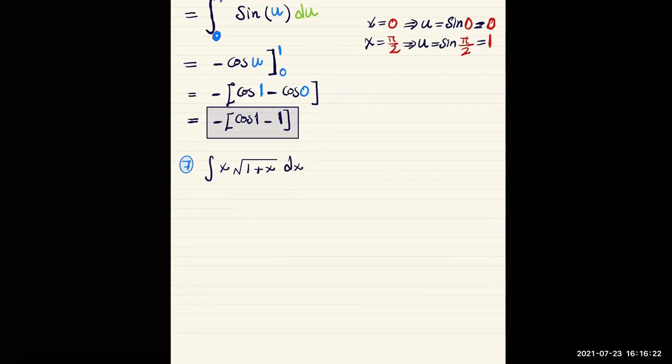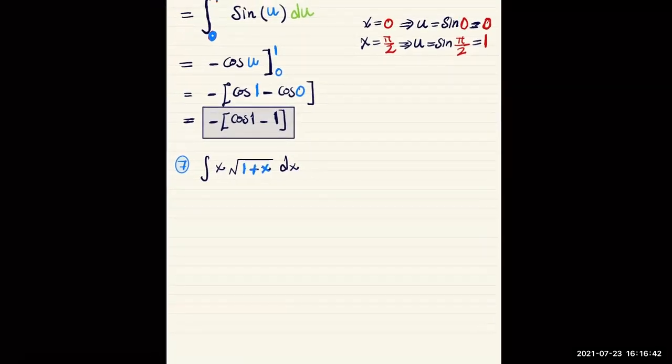So this problem is a little bit more challenging because first of all, we have a composite function, square root of 1 plus x. So that's all right. Let's just do this.